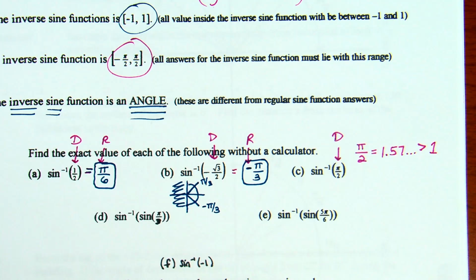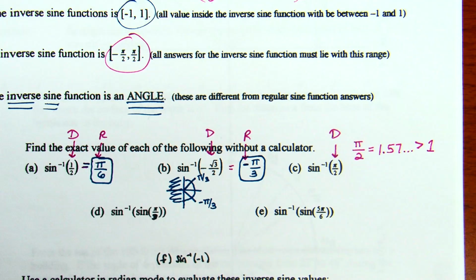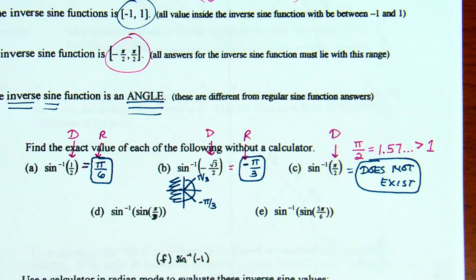And so, guess what? Sine inverse of pi over 2 does not exist. And why does it not exist? Because that pi over 2 is outside of our domain value, or our domain interval.